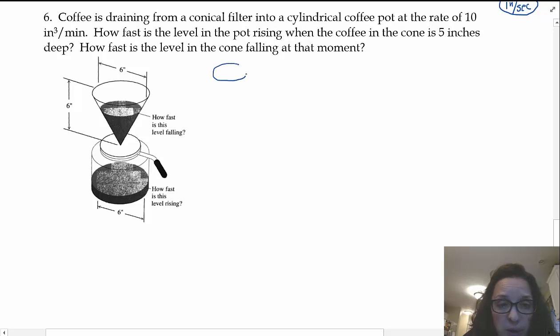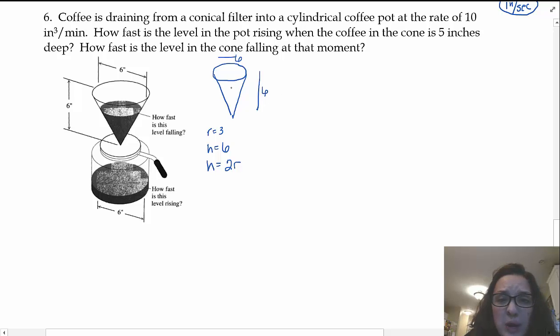All right, so let's deal with one thing at a time. So I have my cone-shaped filter up here, and it is 6 inches across and 6 inches tall. So let's see, my radius would be 3, so r equals 3, h equals 6, so h equals 2r.